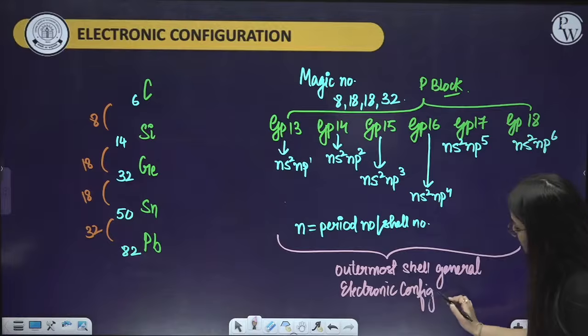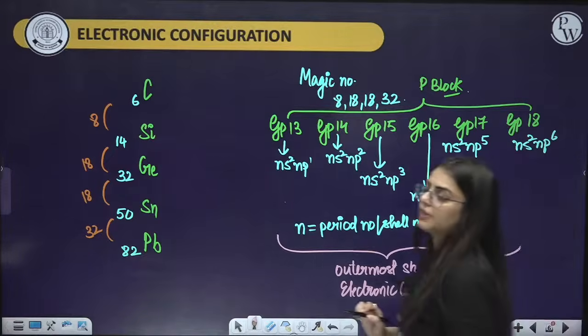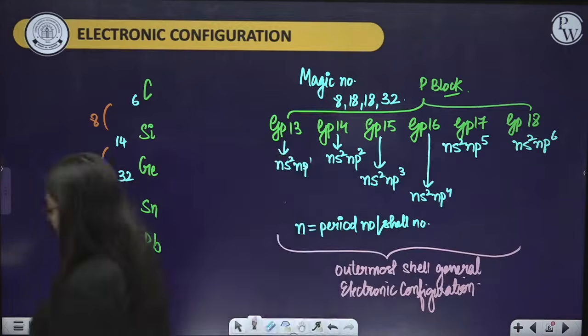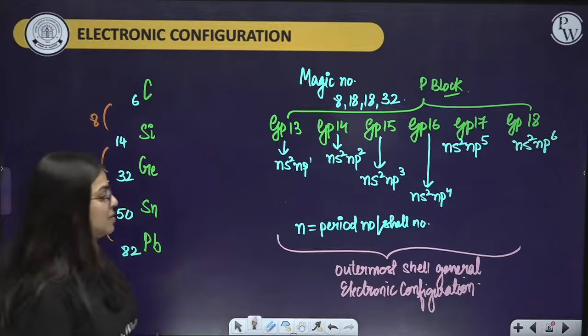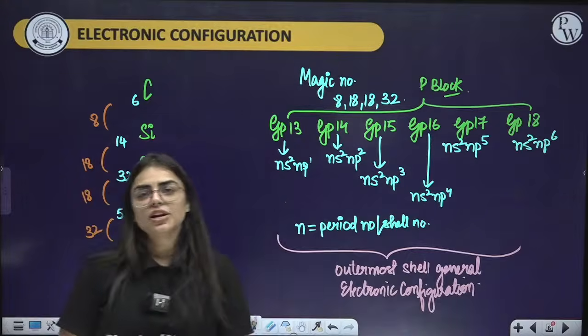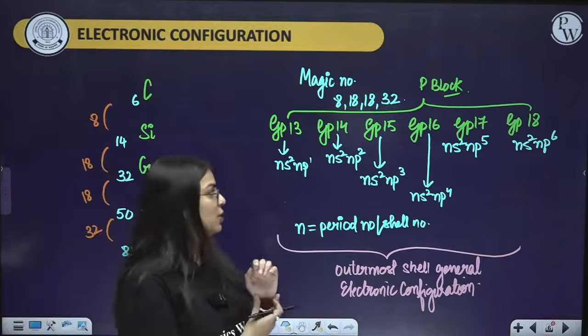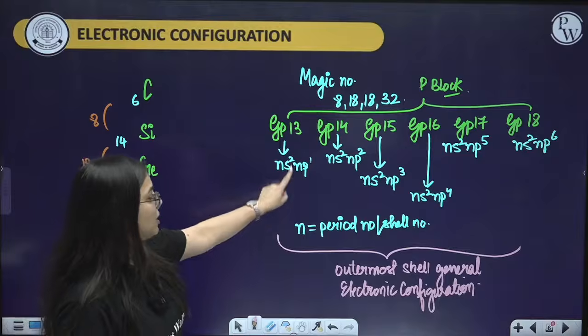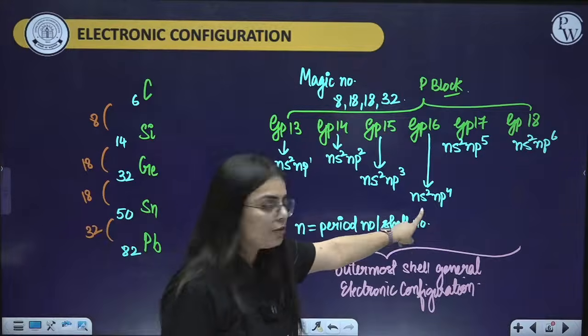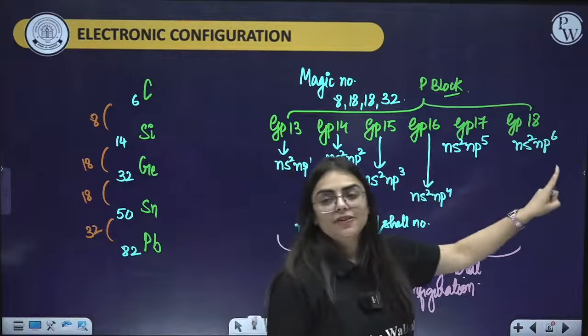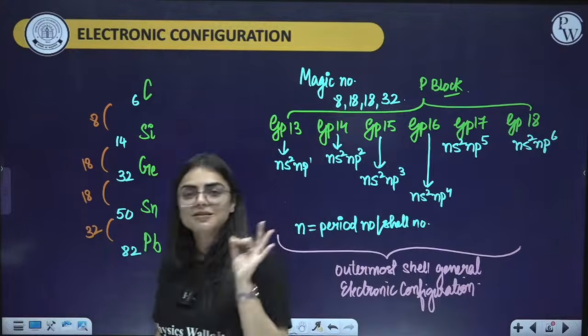I hope so, students, this is clear to each and every one of you. Yes, everyone. So this is basically the outermost shell general electronic configuration that I am talking about. This is ns2np1, ns2np2, ns2np3, ns2np4, ns2np5, and then comes ns2np6.